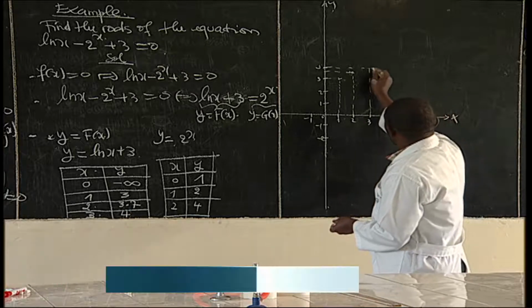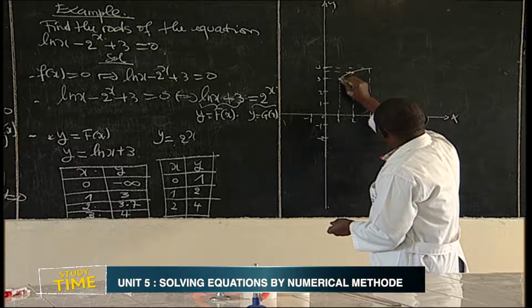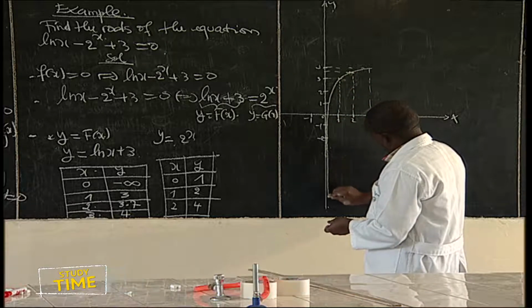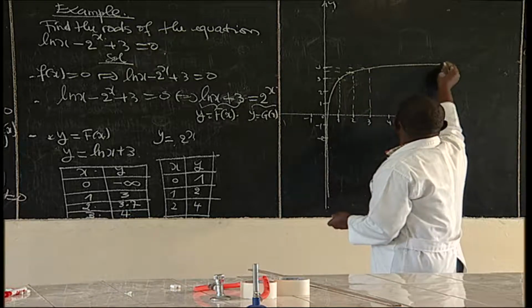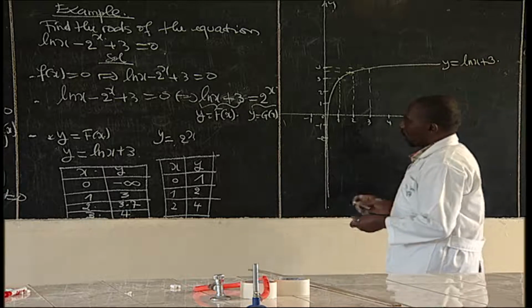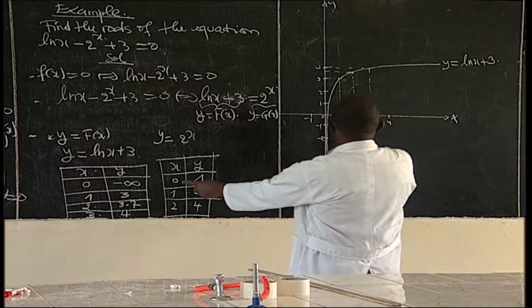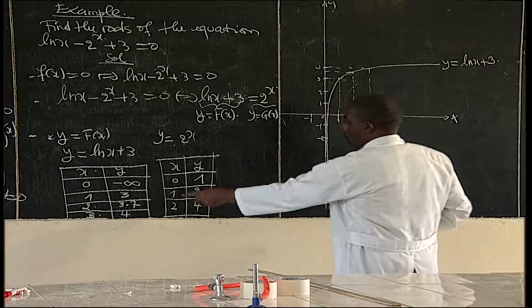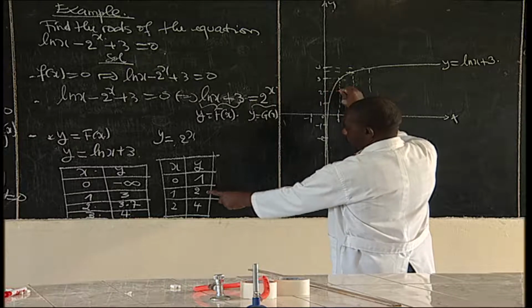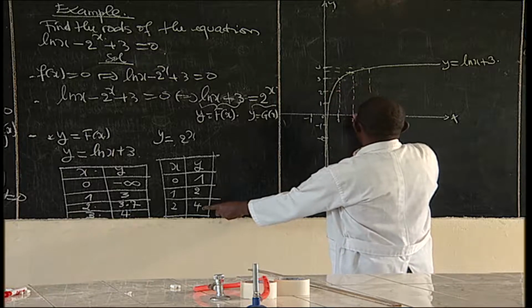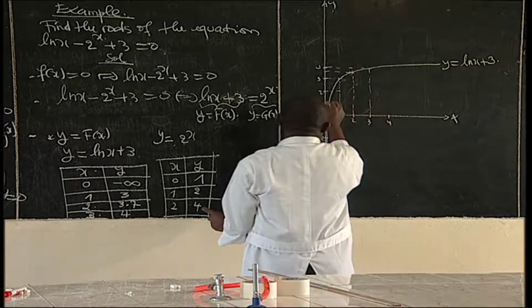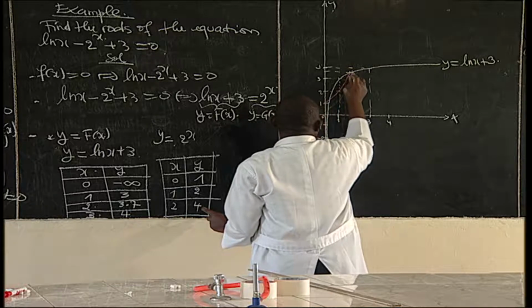And the graph looks like this. This is y equals ln of x plus 3. And there we have also (0, 1), (1, 2), also (2, 4). The curve looks like this.